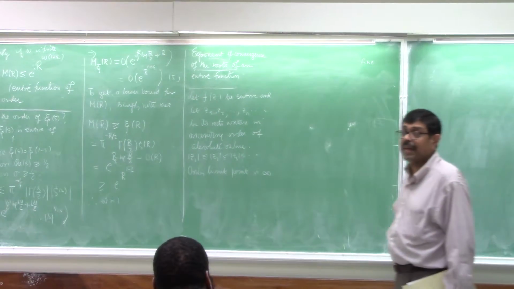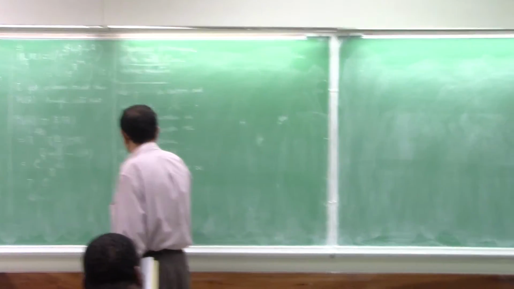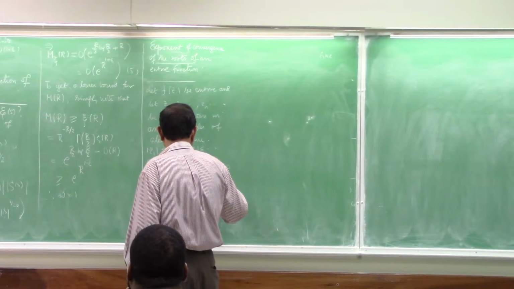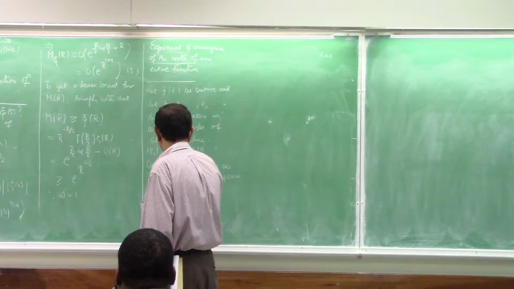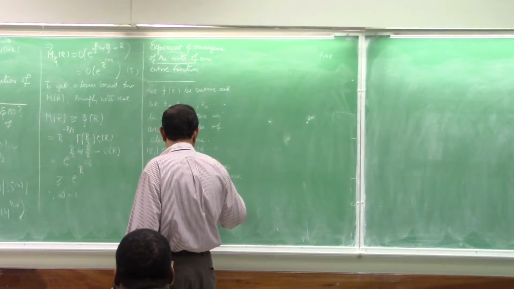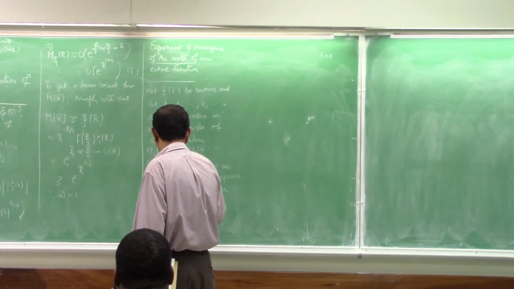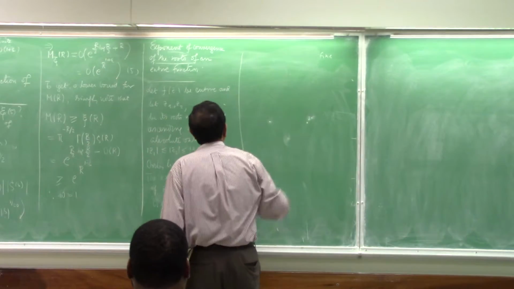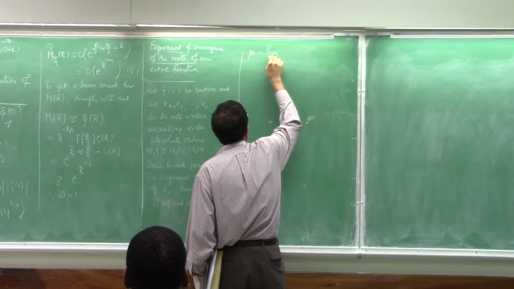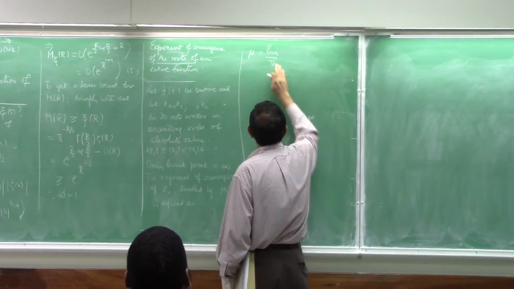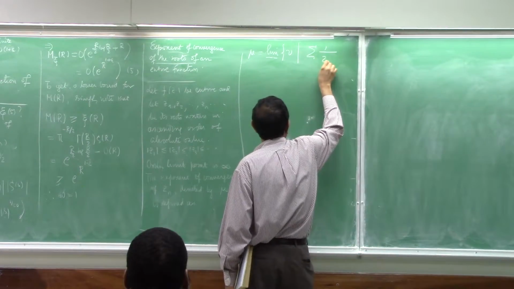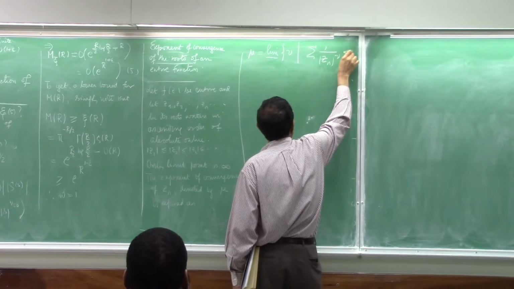So now I define the exponent of convergence. The exponent of convergence of z_n, denoted by mu, is defined as the infimum of the set of all exponents mu such that the summation of 1 over |z_n| to the mu is less than infinity.